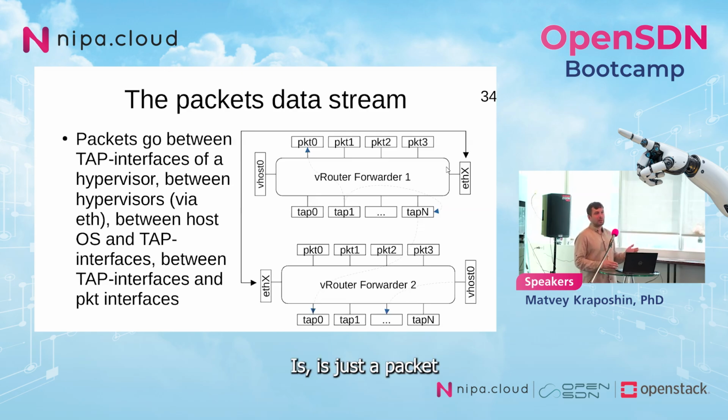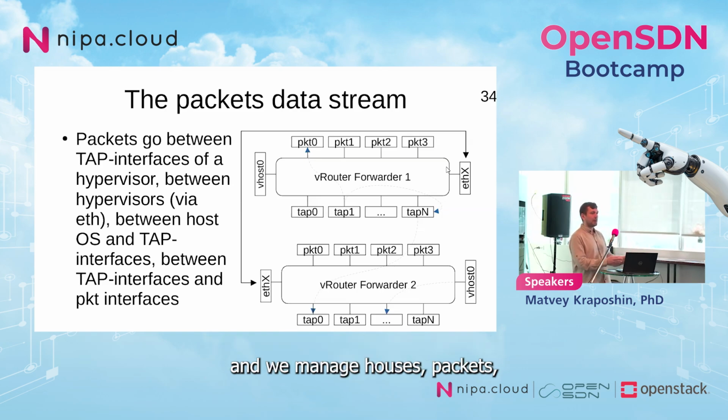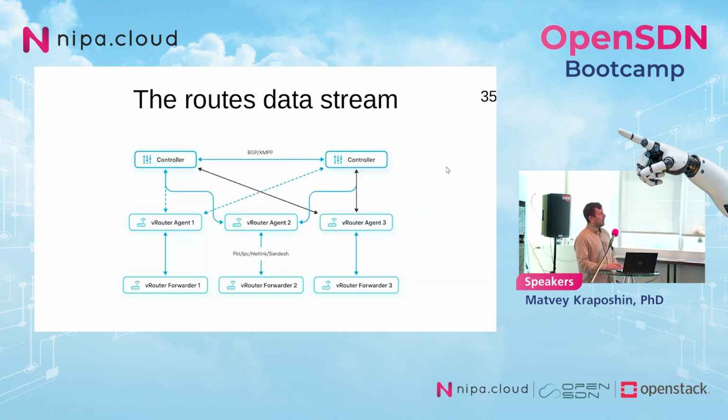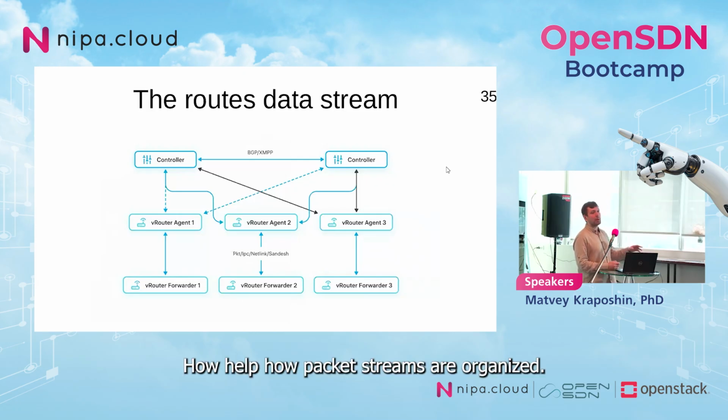The packet stream is just a packet that goes from one interface to another and goes between hypervisors, and we manage how these packets go from interface to interface. The routes data stream is the information which programs how packet streams are organized.